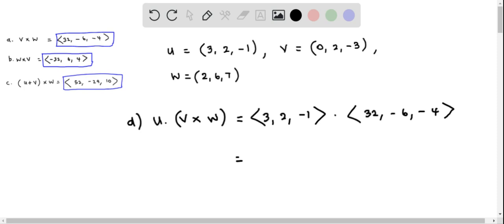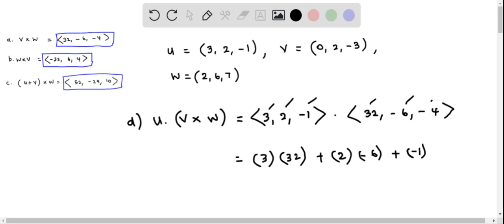Remember, in the dot product, we multiply the corresponding components and sum the products. So we will have 3 times 32, plus 2 times negative 6, plus the k component, which is negative 1 multiplied with negative 4.